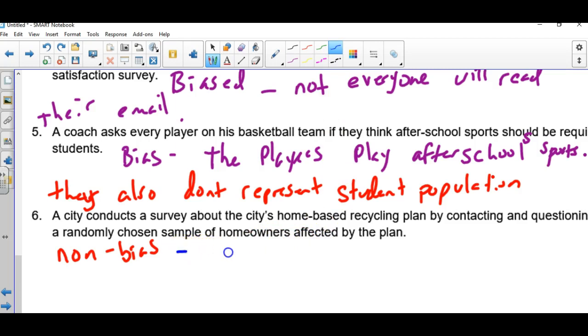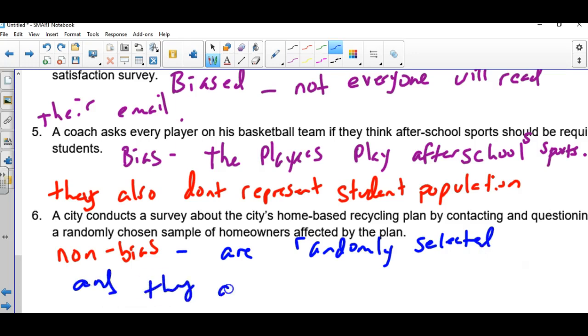These individuals are randomly selected, and they are a part of the population.